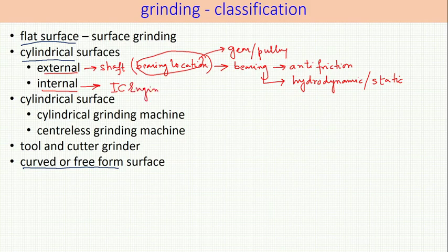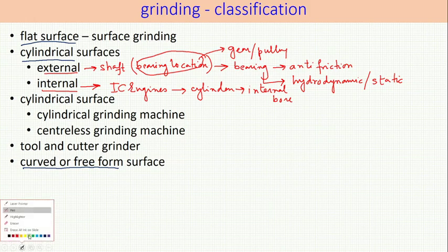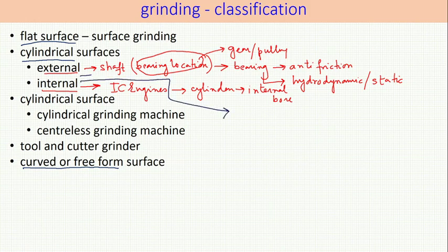As far as internal surfaces are concerned, which require grinding, think of an IC engine. IC engines have piston and cylinder arrangement. The internal bore of the cylinder requires grinding. Another example I would like to give, internal cylindrical surface which requires grinding: collets.